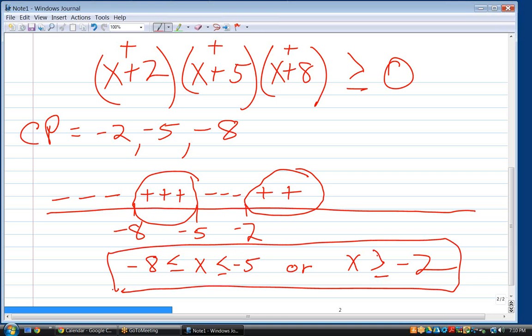So how would you put that in interval notation? Interval notation, it would be bracket, because it's less than or equal.